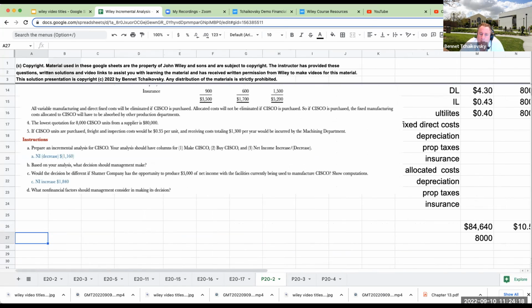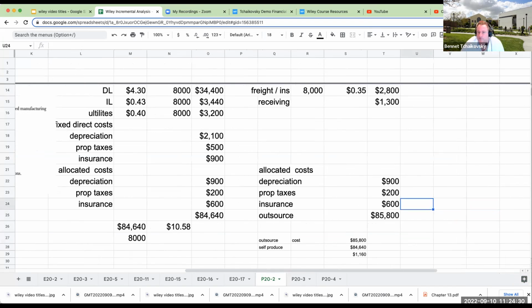Okay. Now, over here, would the decision be different if Shatner had the opportunity to produce 3,000 of net income with the facilities being used to manufacture Cisco? If that was the case, then you would say, well, if we outsource it, we're going to have savings of 3,000.